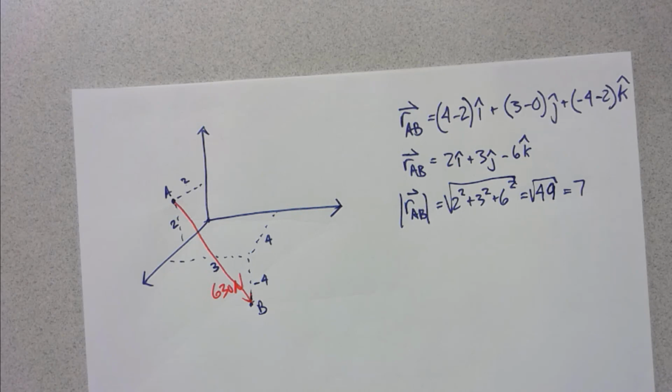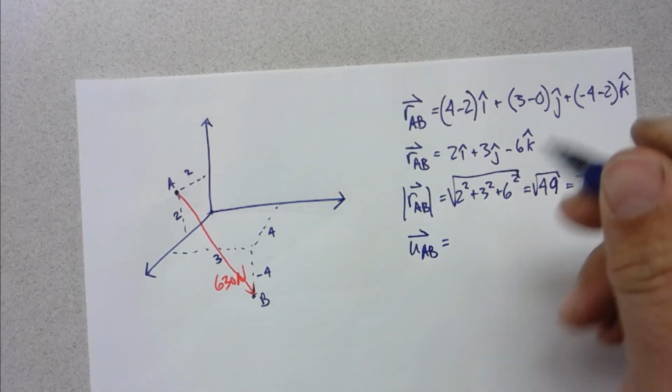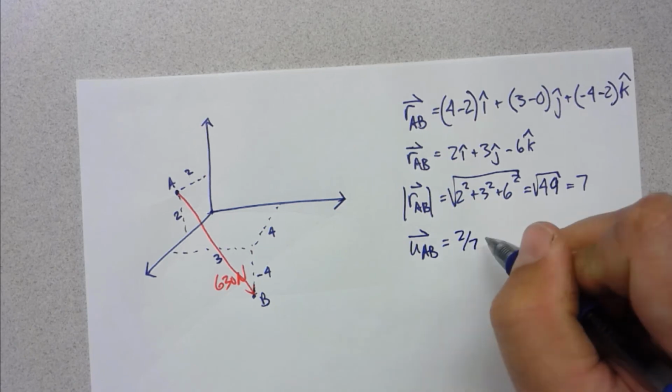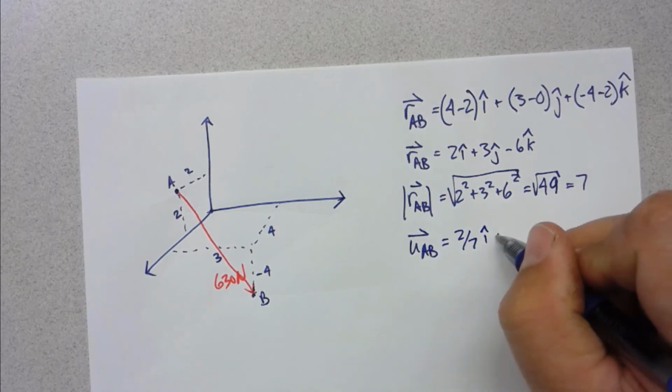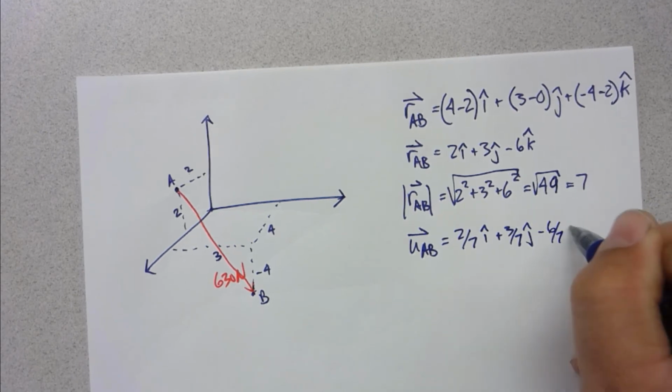Okay. So then the unit vector for AB is going to be 2/7 i hat plus 3/7 j hat minus 6/7 k hat.